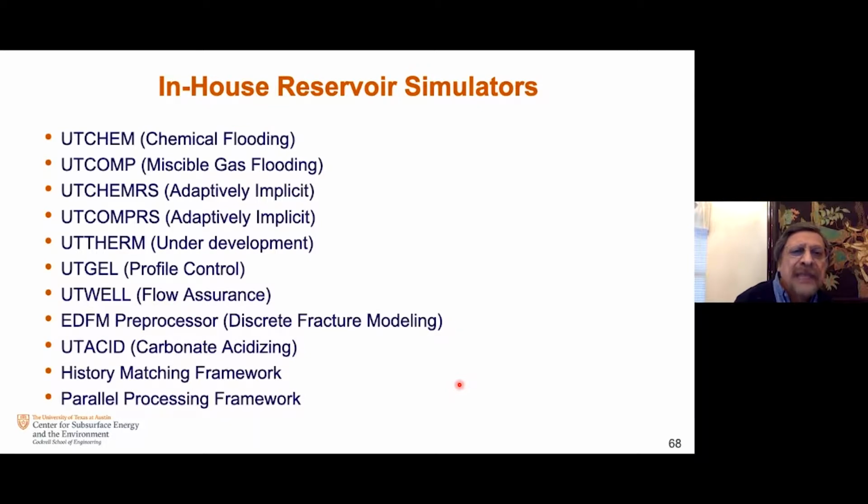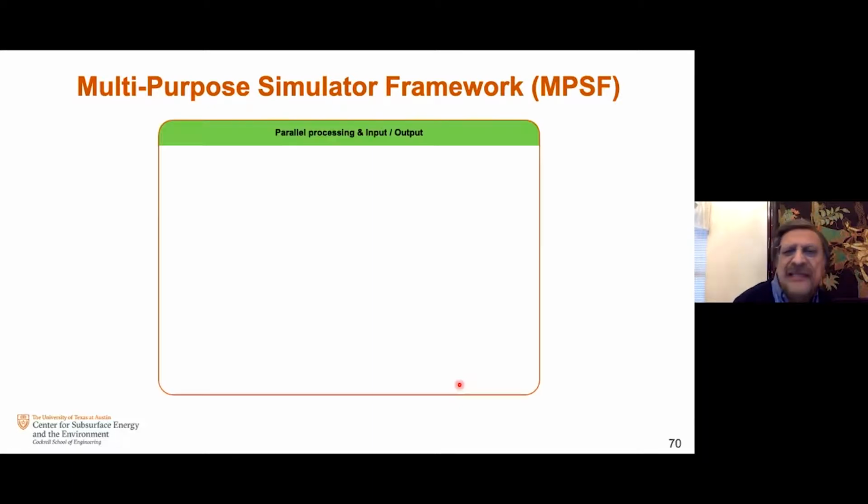Now, as you can see, in the foregoing discussion there are many different simulators that have been developed. What we decided to do was to combine all of these into a multi-purpose simulator framework, or MPS. The framework does the parallel processing, does all the IO and all of that.